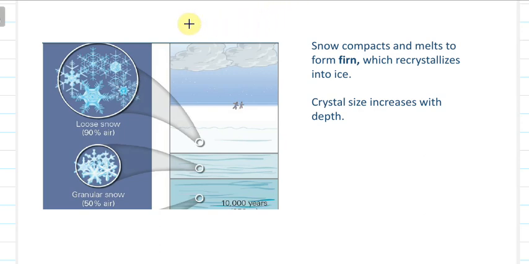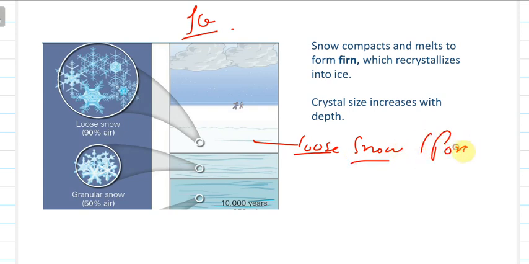Now we will talk about the ice itself. Okay, so there is loose snow. The fresh snow is known as loose snow, which has pores present in it, and the pores are almost 90% air. Okay, so the loose snow is almost 90% air. That's why your foot just sinks deep into fresh snow.